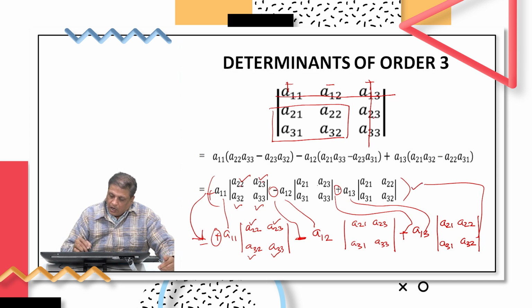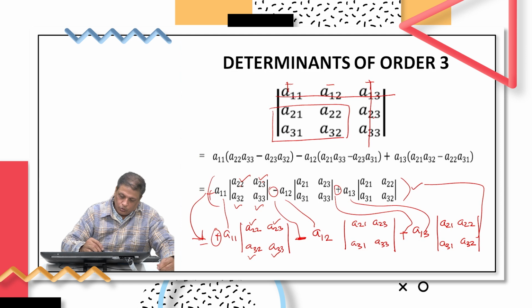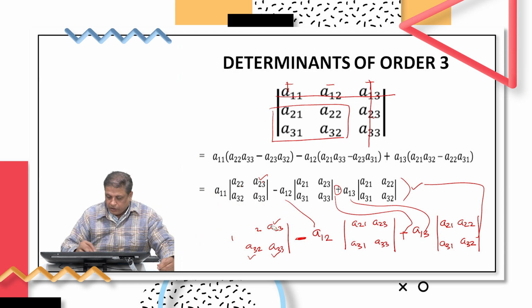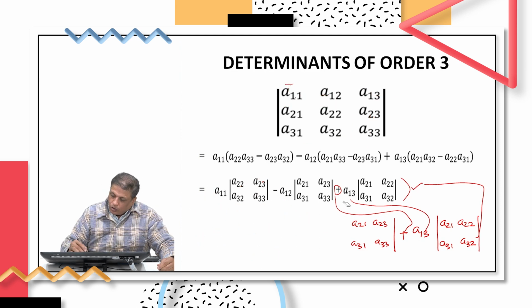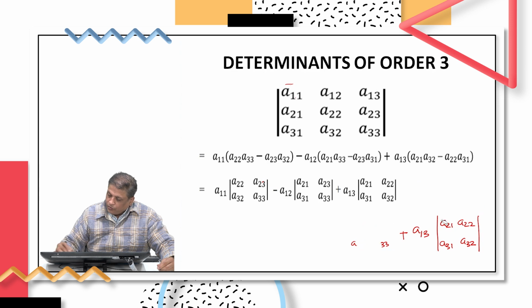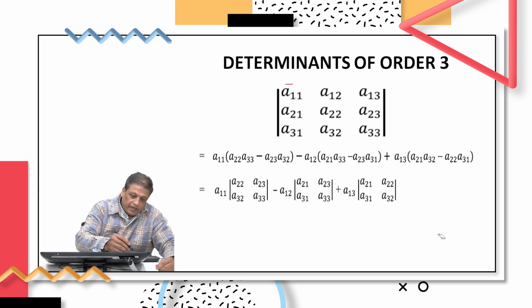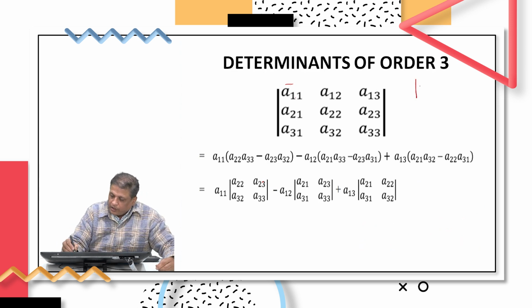Now all these are determinants of order 2 and you simply apply the understanding of solving determinants of order 2. In order to solve a determinant of order 2, if the determinant is a1, b1, a2, b2, then you solve it diagonally, multiplying and subtracting, that is b2a1 minus a2b1.